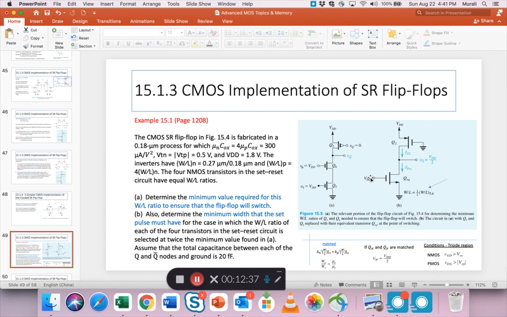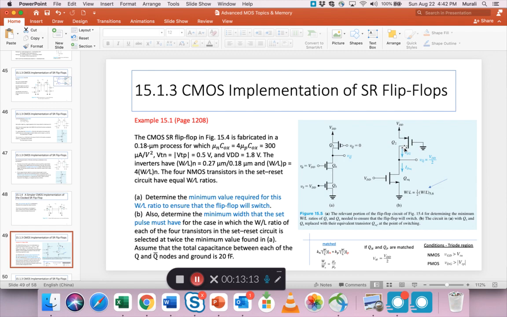So A with respect to B is the difference, 1.8 minus 0.9, so that's also 0.9. So this 0.9, which is VGD, is greater than VTN, because VTN is 0.5. So thus we can say that both conditions are satisfied, and the two transistors, this equivalent transistor and this, are in triode mode.